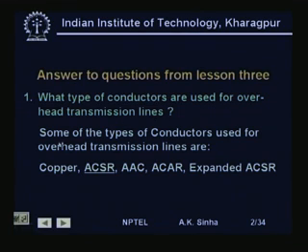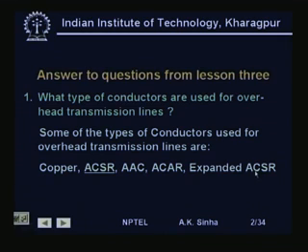Well, some of the types of conductors used for overhead transmission lines are copper conductors, which is very rarely used nowadays, ACSR, that is aluminum conductor, steel reinforced conductors, then all aluminum conductor or ACAR conductors or expanded ACSR conductors, which are used.